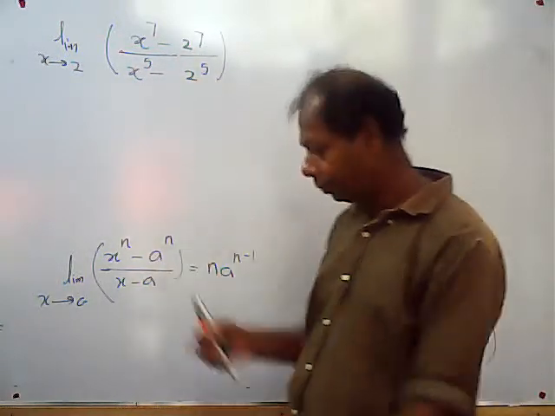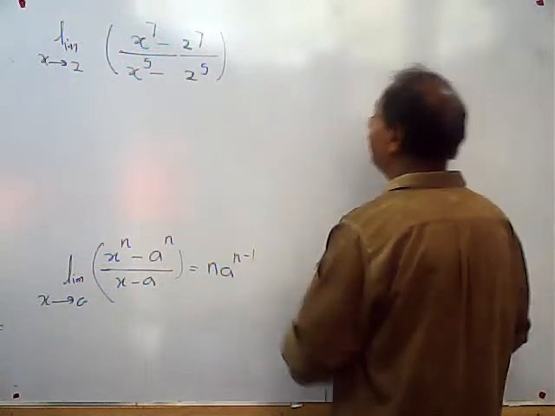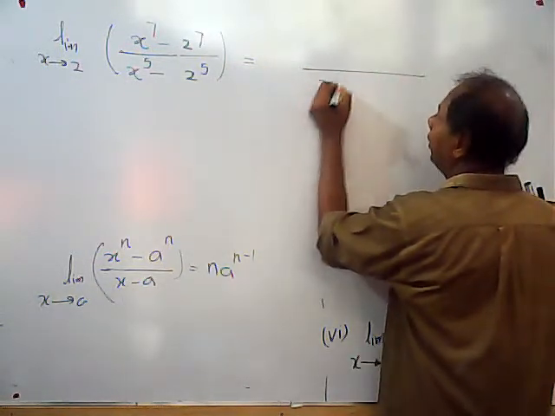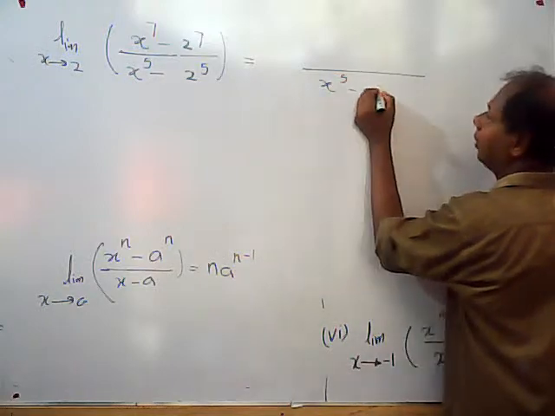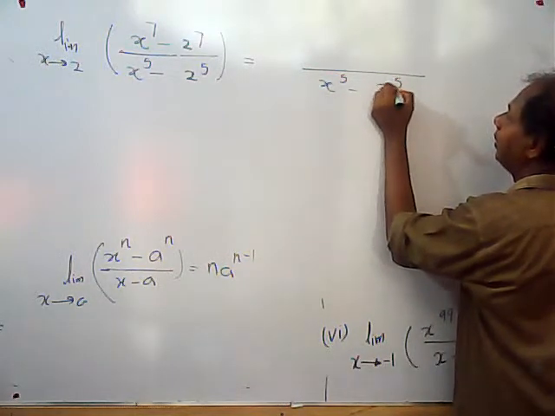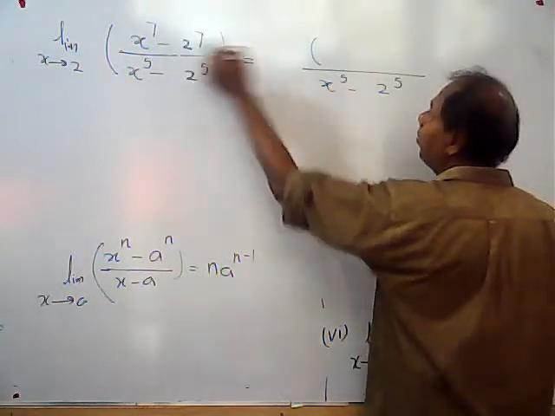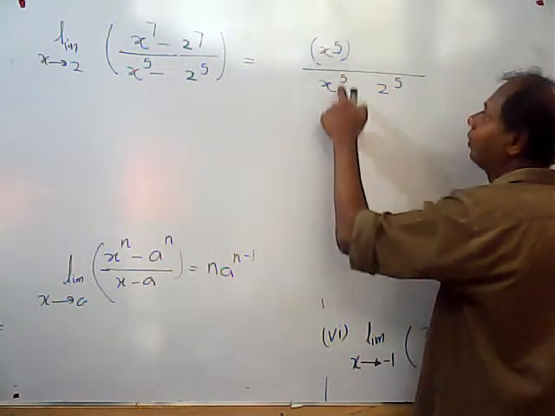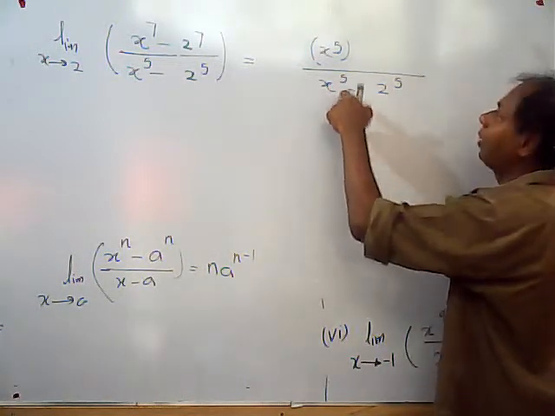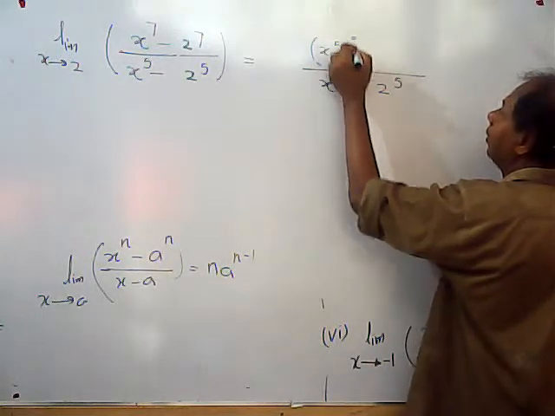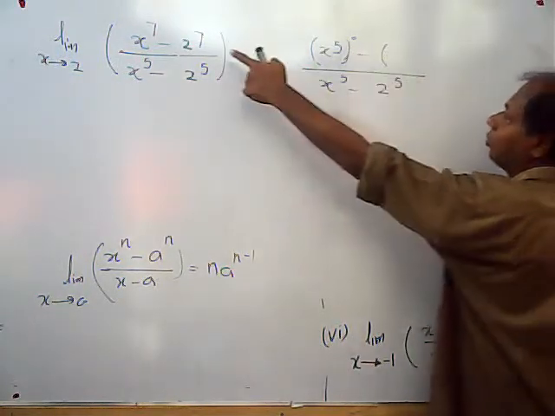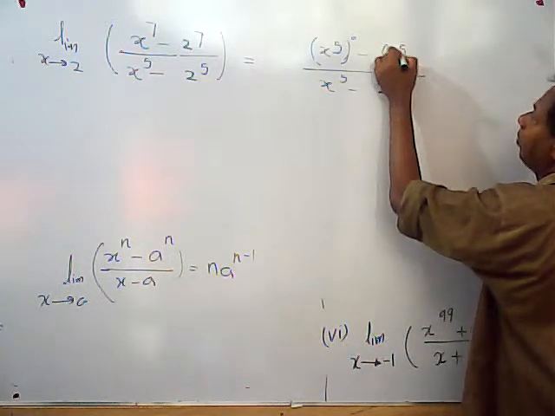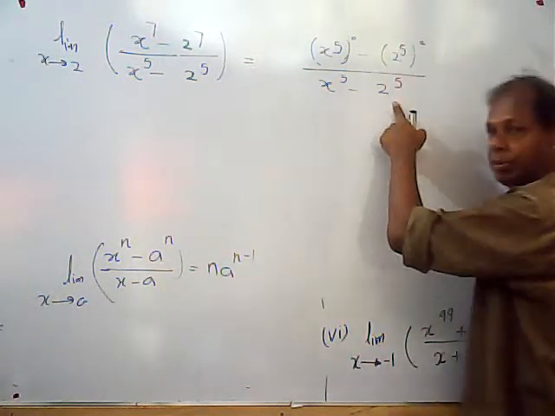So can't we do so? We rewrite this. Denominator we keep unchanged. Then this x to the power 7 we have to write as some power of x to the power 5, and 2 to the power 10 we have to write as some power of 2 to the power 5.